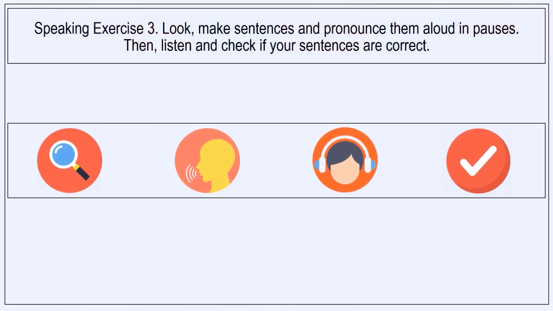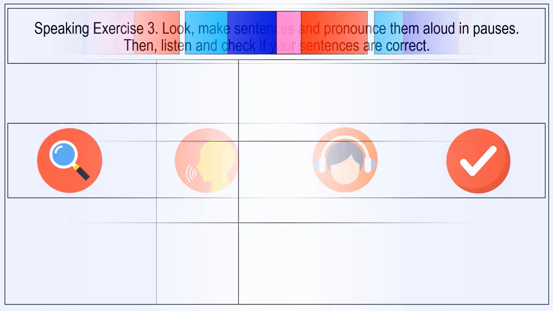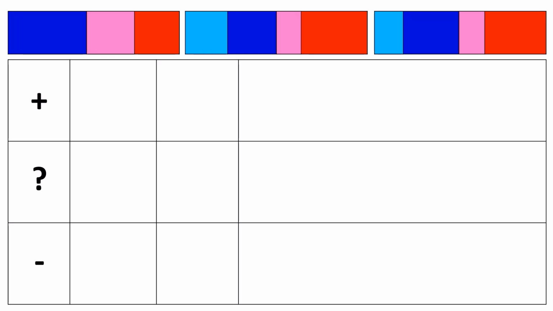Speaking exercise 3. Look, make sentences and pronounce them aloud in pauses. Then, listen and check if your sentences are correct. Ice cream is eaten by me.